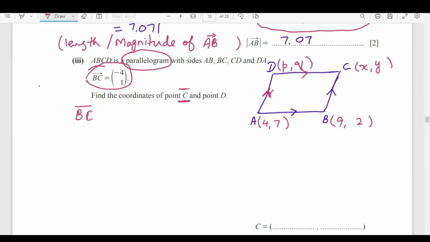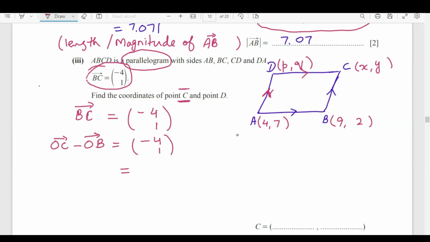I'm taking the BC vector, which is equal to minus 4 comma 1. When there is a word coordinate, position vector, or origin given, you have to write the formula BC equals OC minus OB, equals minus 4 comma 1.